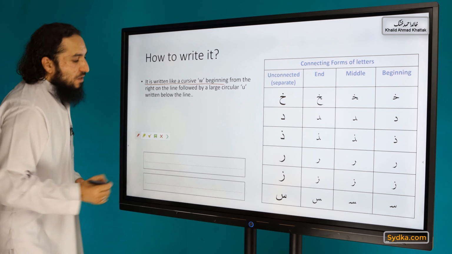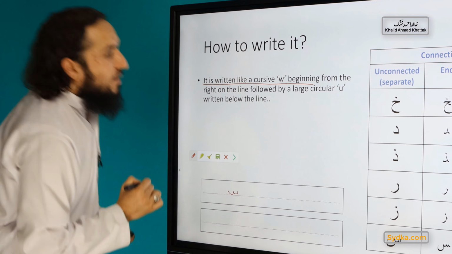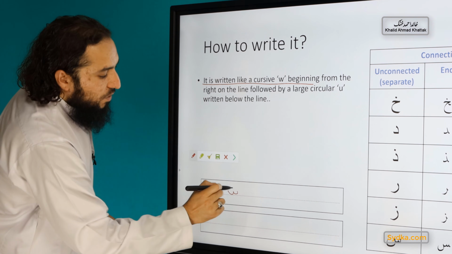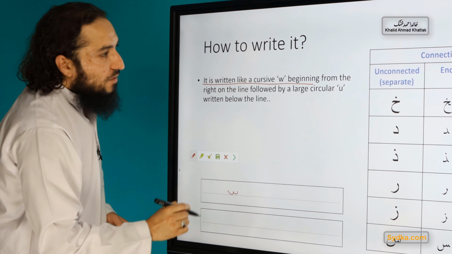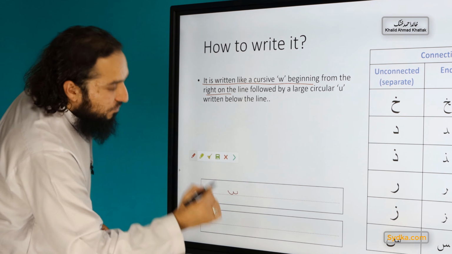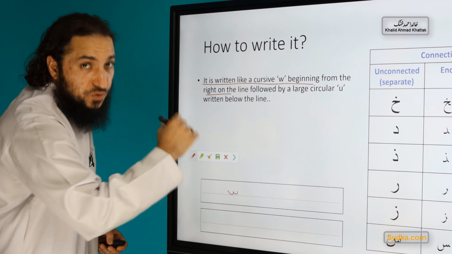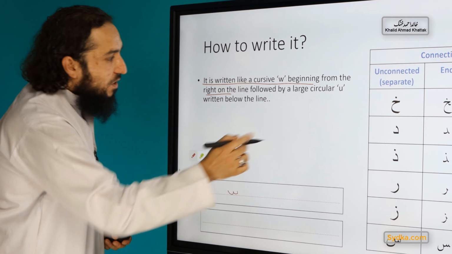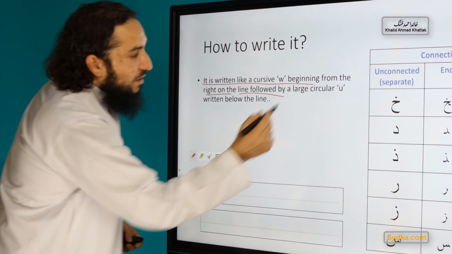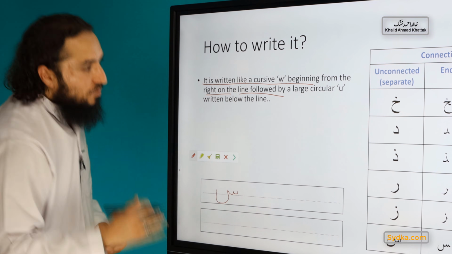Beginning from the top, we have to be above the line. While writing W, we start from the left, but with Arabic we have to start from the right, followed by a large U cycle, and it is below the line.